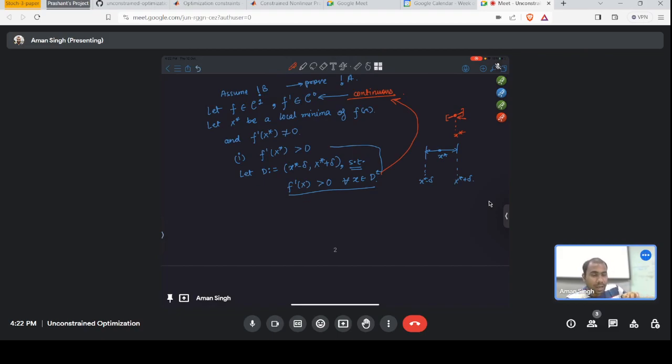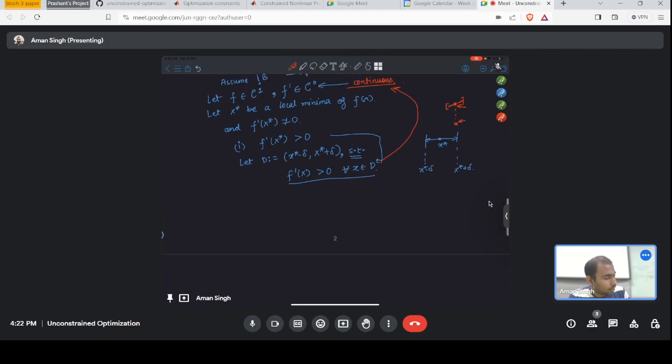It just abruptly does not change this value. So we can always find a neighborhood around delta. Delta can be very small. That such a region has f dash x greater than 0. So we assume a neighborhood D where first derivative is greater than 0 around x star.